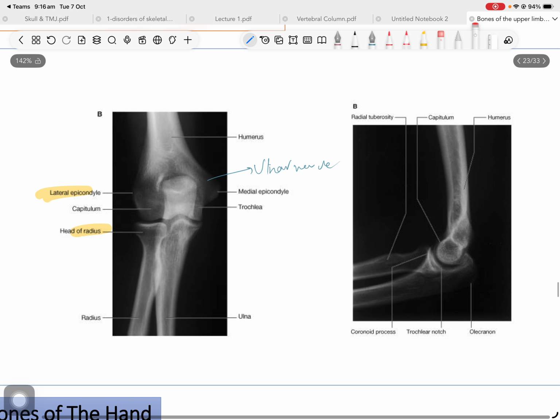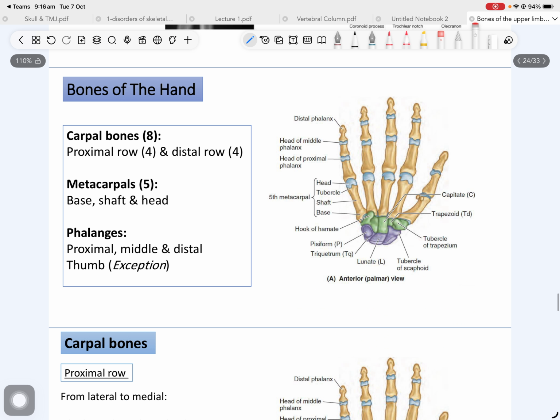Okay, any questions so far? Let's move to the hand. I have a group of bones forming the hand. We call them the carpal bones, the metacarpal bones, and the phalanges. Let's start with the carpal bones. What type of bones are they? Irregular. Short bones.